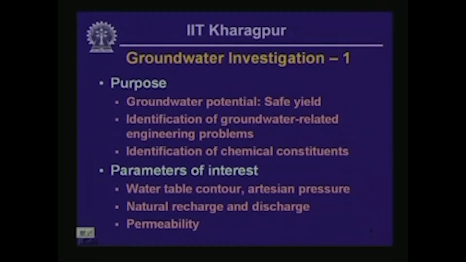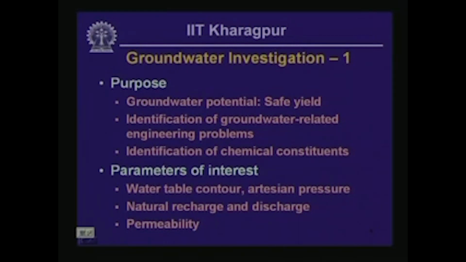In other words, whether the groundwater is going to be suitable for a particular use, such as use as drinking water or irrigation water, or for that matter use as construction water supply. So, we need to identify the potentially harmful chemical constituents in groundwater sources depending on the use of the groundwater source.